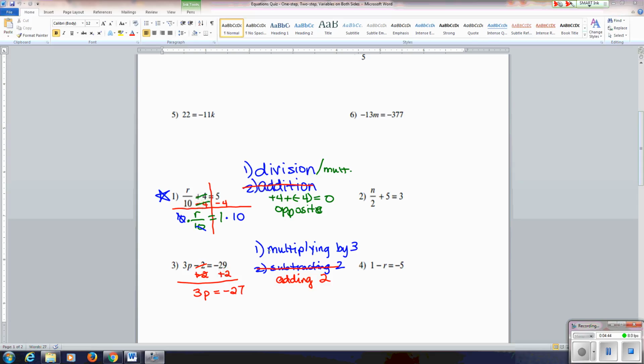So now to undo the multiplication by 3, we have to do the opposite, which is divide by the exact same number. So we divide both sides by 3. Okay? This one is a little challenge. I'll let you figure it out for yourself.